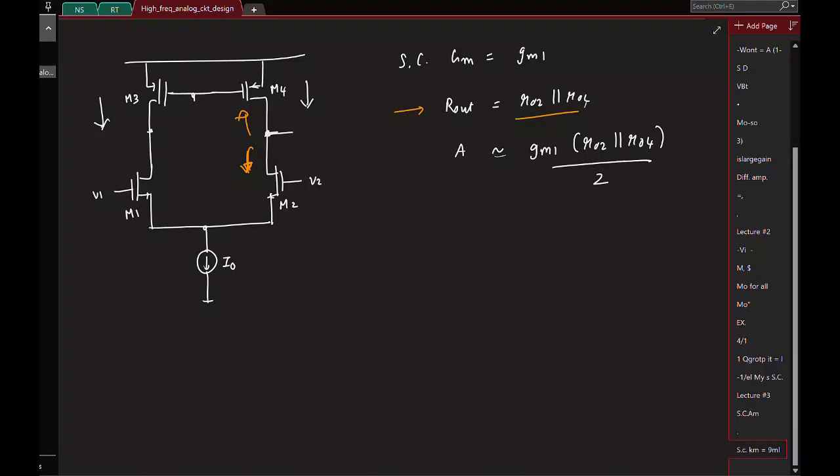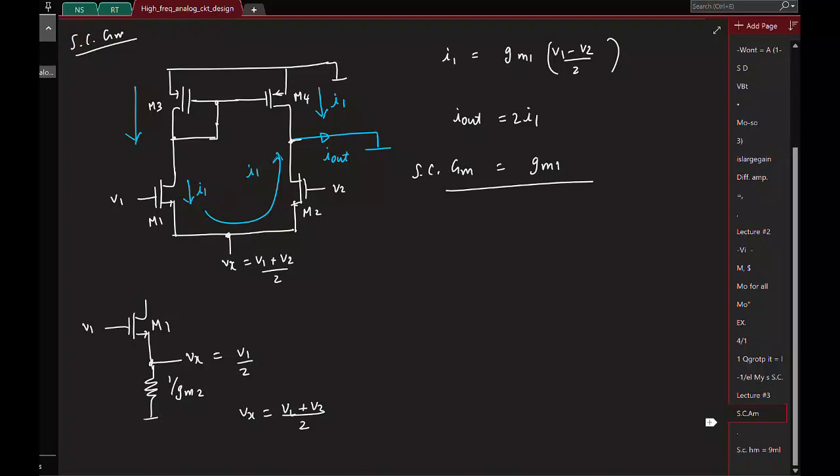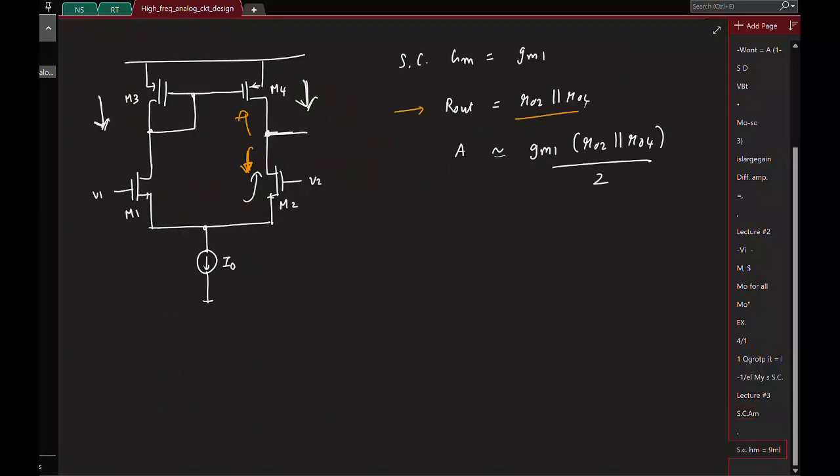But here, by making this connection, although the output is taken from this branch, the current flowing here is also added here along with the current flowing here. I mean, that might be evident from the way you calculate the short circuit GM, right? So here you see the current I1, it's flowing here like this, but also a copy of it is getting added from here. So you are actually reusing the current flowing in the left branch and adding it to the output side. Okay, and that's why you have the gain to be this.